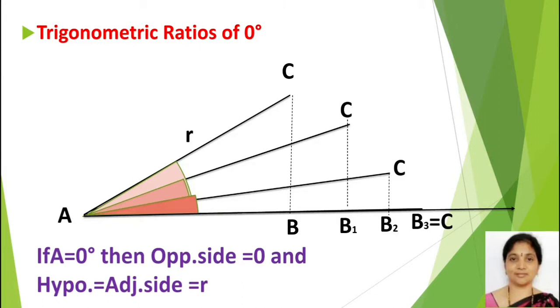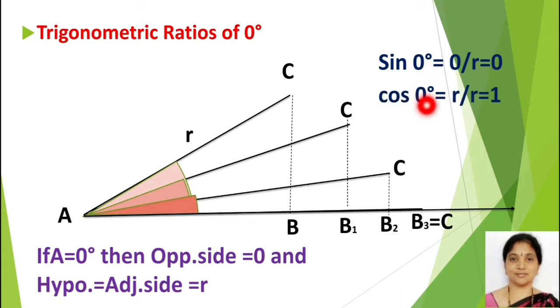Based on this, we will try to write sine 0 degrees. Sine 0 degrees is nothing but opposite by hypotenuse. Opposite is 0 here, so we can write 0 by hypotenuse, which is R. So 0 by R is 0. Similarly, cos 0 degrees is nothing but adjacent by hypotenuse.